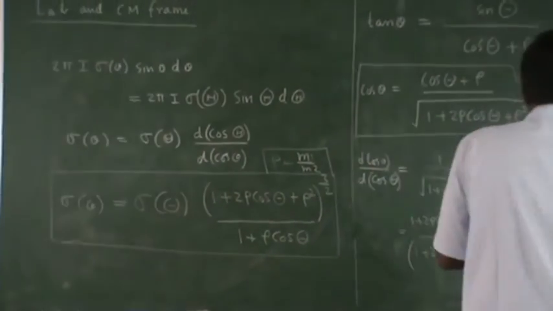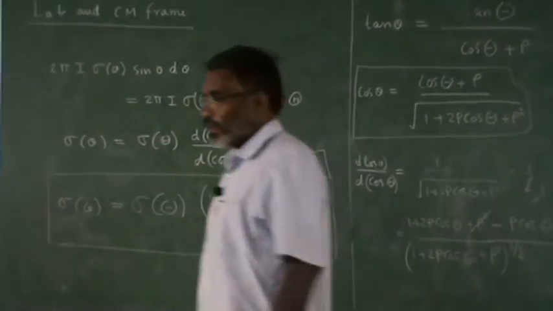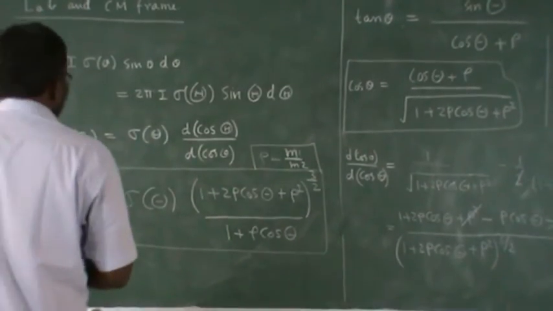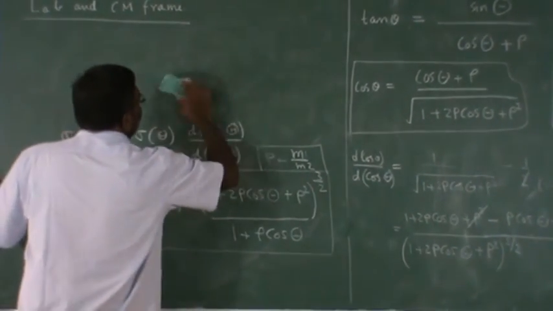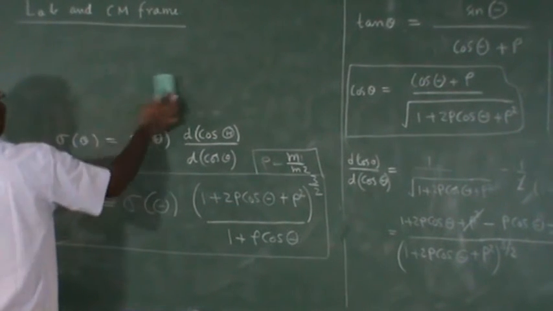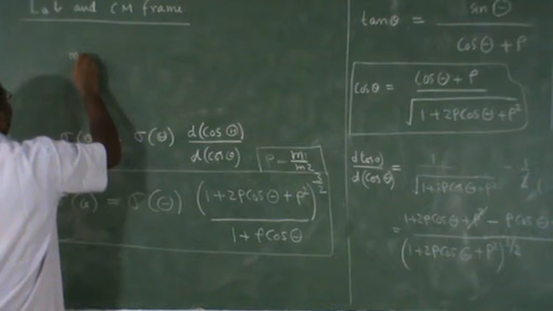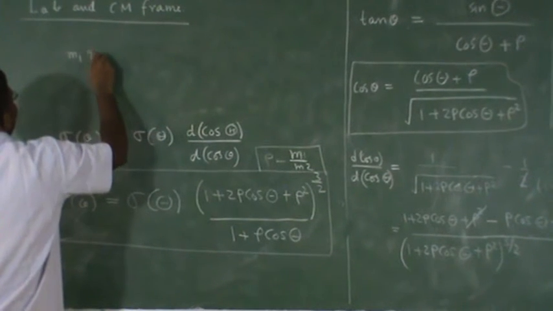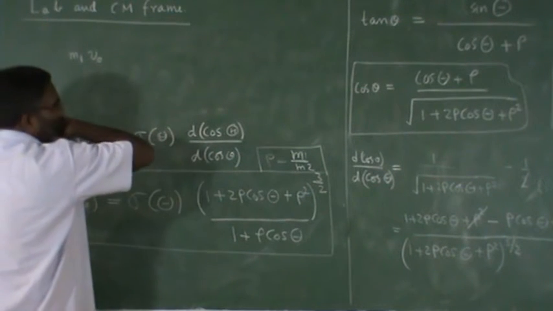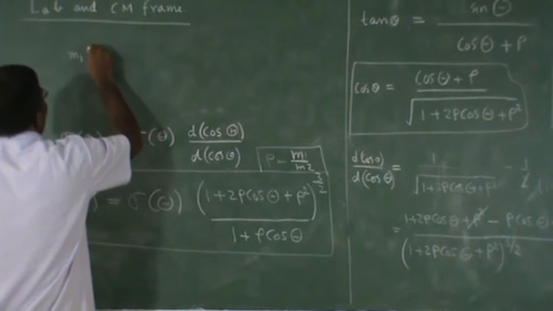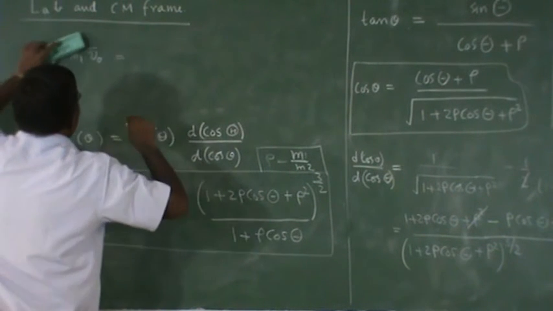But you will see that, see what happens in, so we have something like this, right? Initial momentum is m1 v naught, correct? In the lab frame. In the lab frame, and this is equal to r.